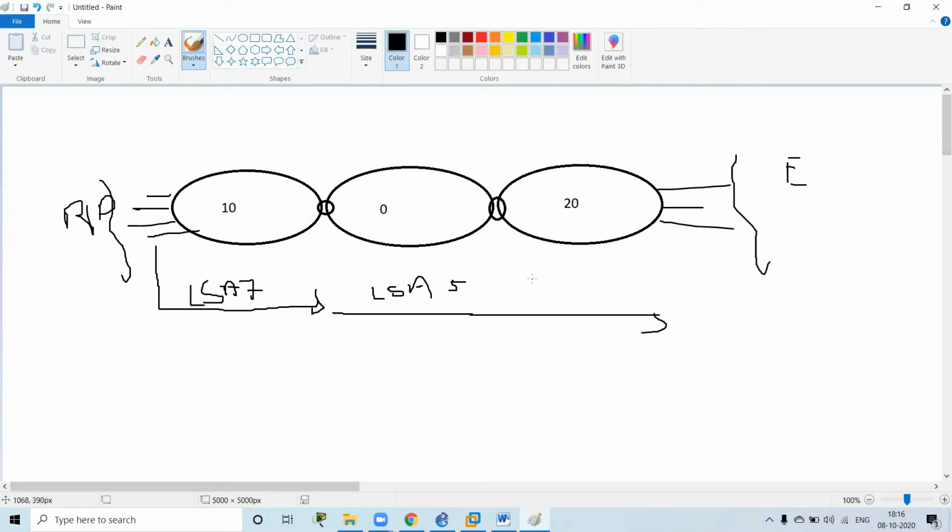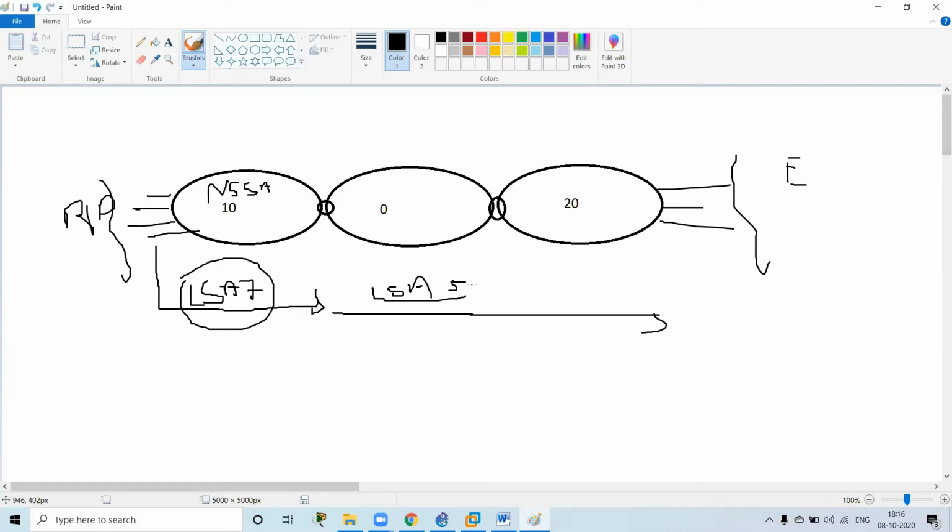Now, this area I will make as NSSA. When I make this area NSSA, in the NSSA it will show you as LSA 7. But when it passes the NSSA area, it will show you as LSA 5.